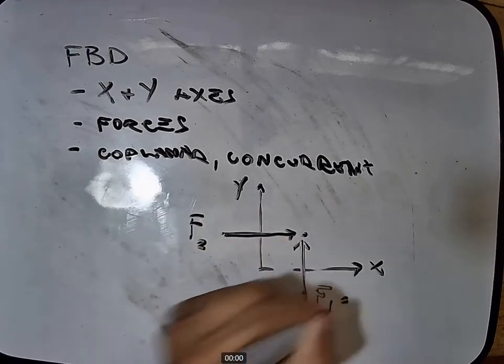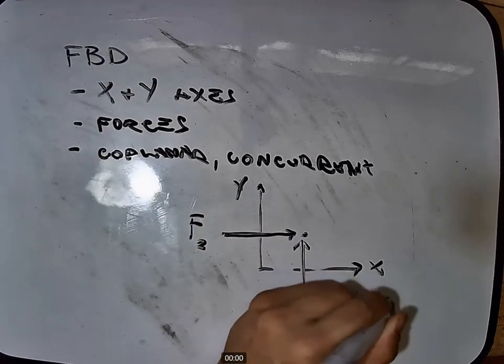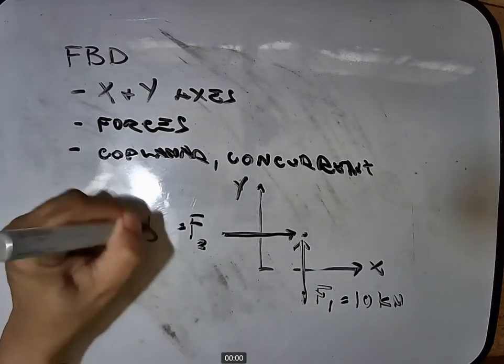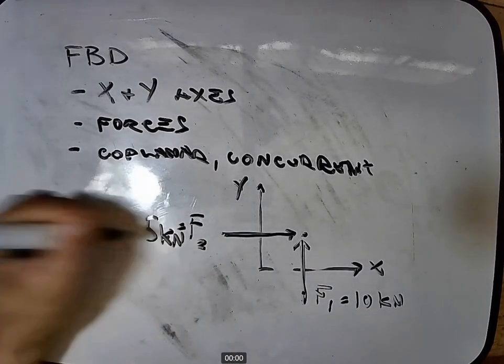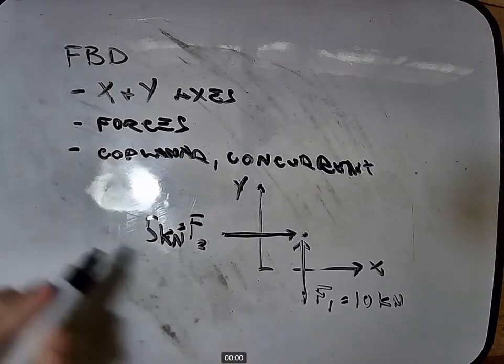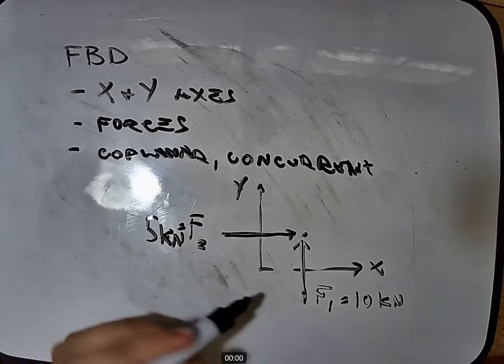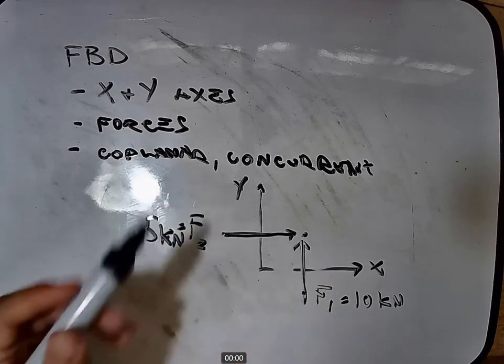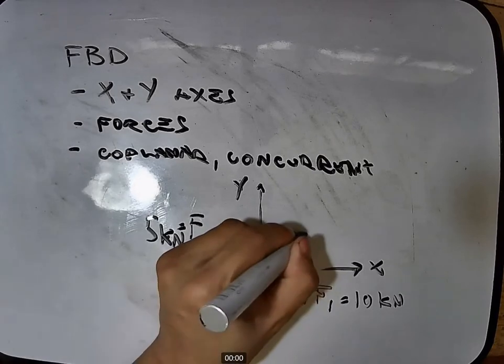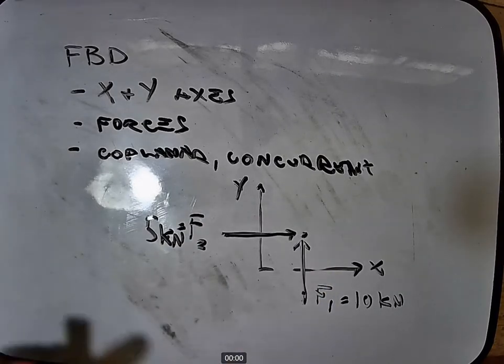Let's say, force 1 is equal to 10 kilonewton. Force 2 is equal to 5 kilonewton. Okay, so F1, those are the two forces. Are they coplanar? Yes. They both lie in the x and y plane. Are they concurrent? Yes, they are both passing at this point. Okay?